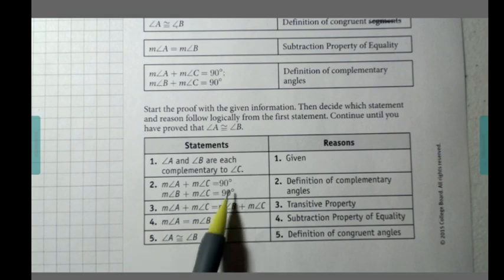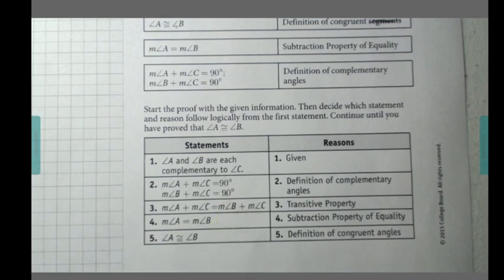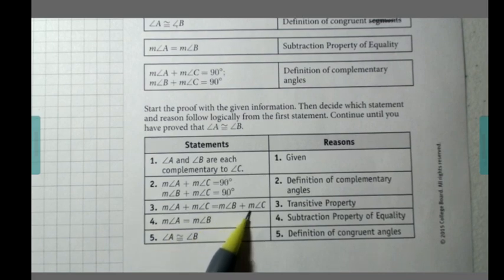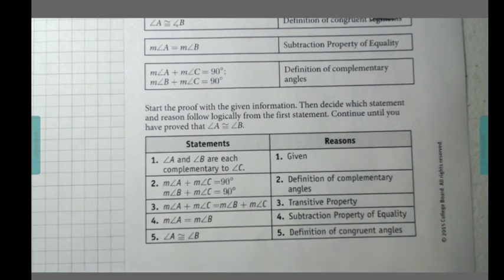Third, they know that two expressions equal 90 degrees. So what they have now done is set those two expressions equal to one another. So they did the measure of angle A plus the measure of angle C equals the measure of angle B plus the measure of angle C, and they called that the transitive property.